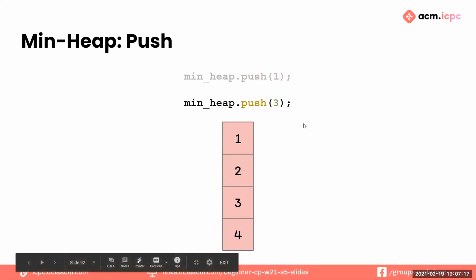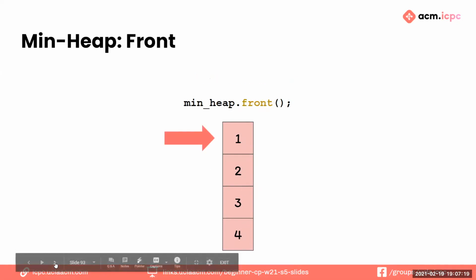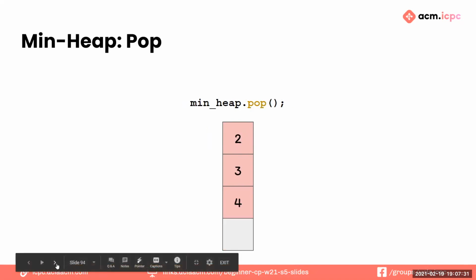So this is how our priority queue looks. If we take the front element, or essentially the top, that's the element with the most priority. In this example, that would be 1. If we do pop, it grabs the highest priority element and removes it.